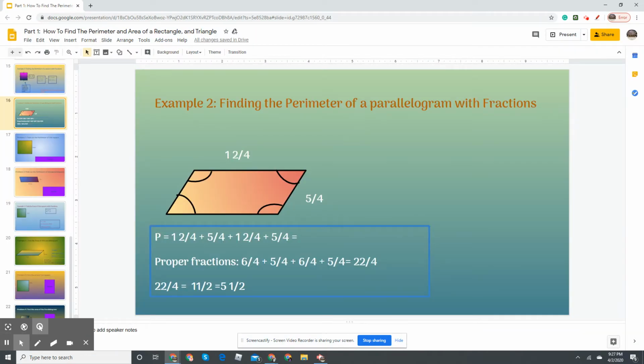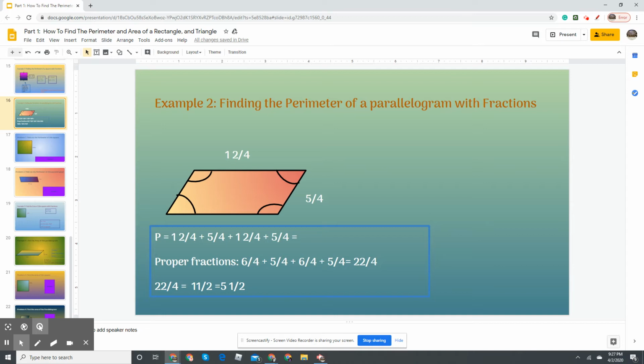Example 2 is finding the perimeter of a parallelogram with fractions. So the perimeter is 1 and 2/4 plus 5/4 plus 1 and 2/4 plus 5/4. Now let's turn them into improper fractions.